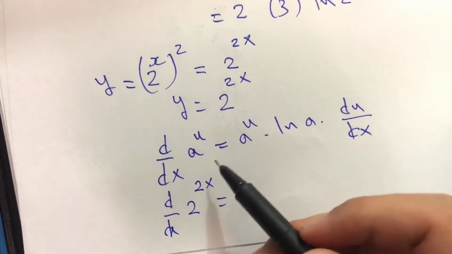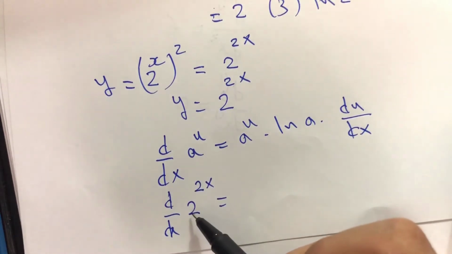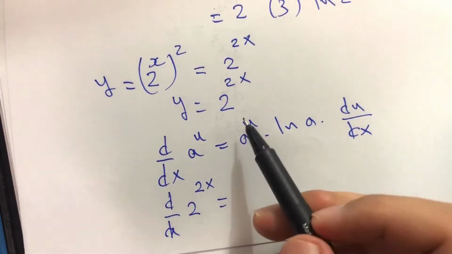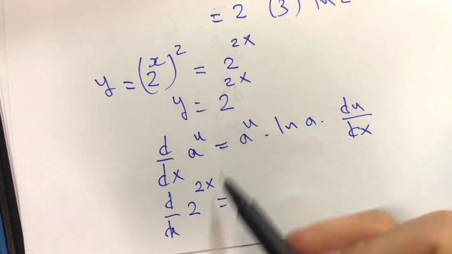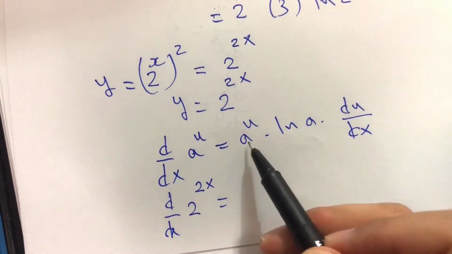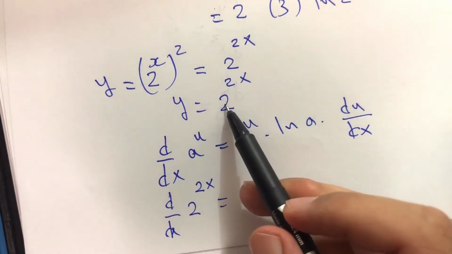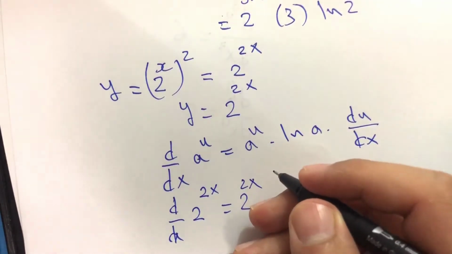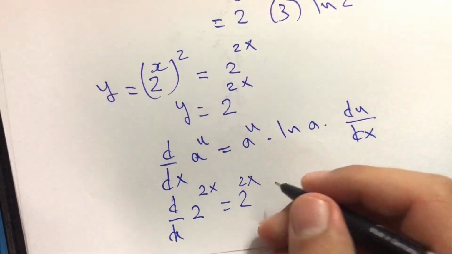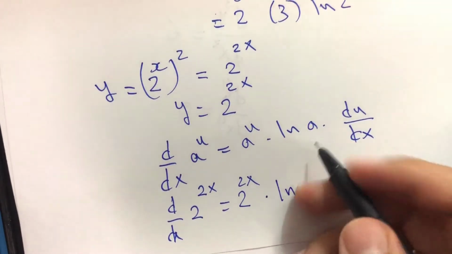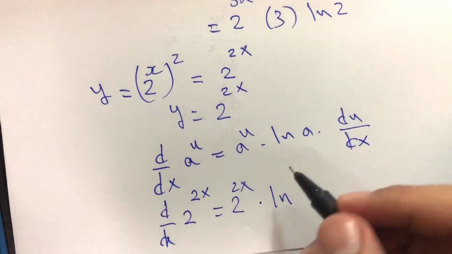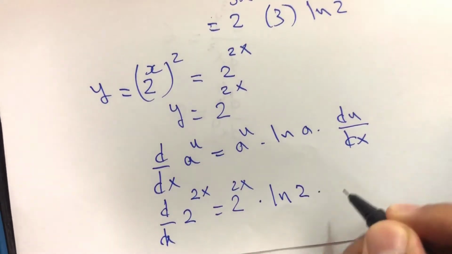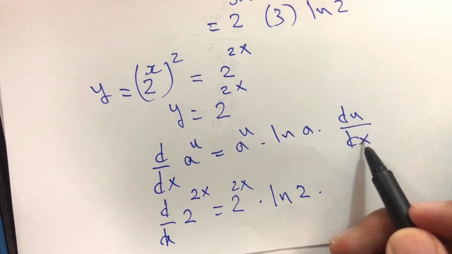Here we find that a is 2 and u is 2x, so the solution of this derivative is a to the power u, which is 2 to the power 2x, multiplied by ln a, and a here is 2, so I can write ln 2 multiplied by du by dx.